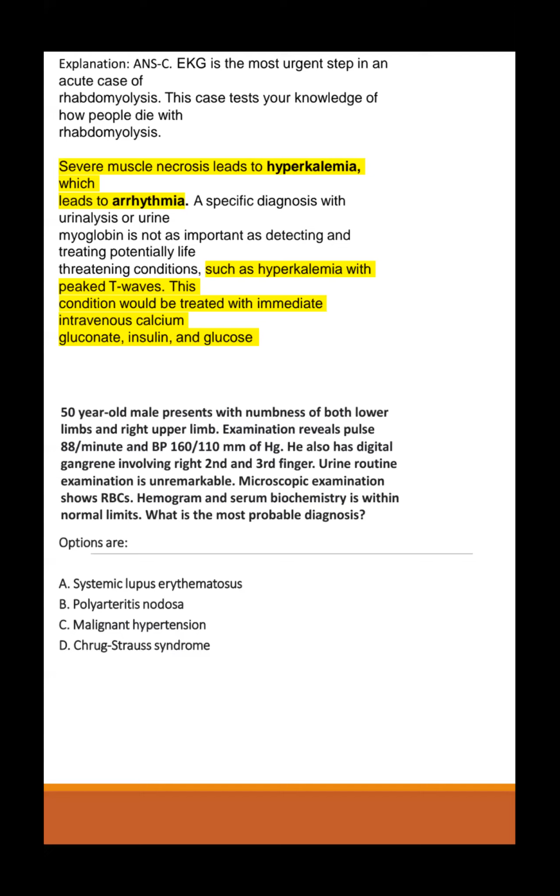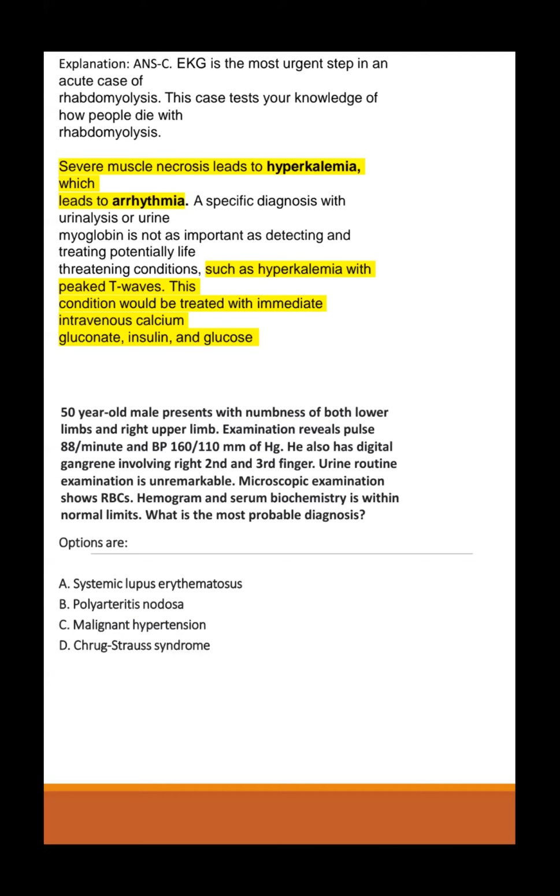Okay. Now another candidate is Dr. Maha Umar. You can try. Yes, ma'am. If we proceed with the excluding method, then SLE is not. Malignant hypertension, ma'am, not. And if we proceed with option D, then asthma and eosinophilia may be present there.